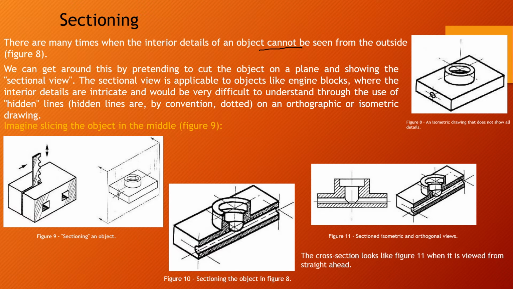You can see it here in figure 11 when we cut the one object, then you can see that is the sectioning view. Where is the cutting side, we need to show that in the sectioning view. We need to show them.